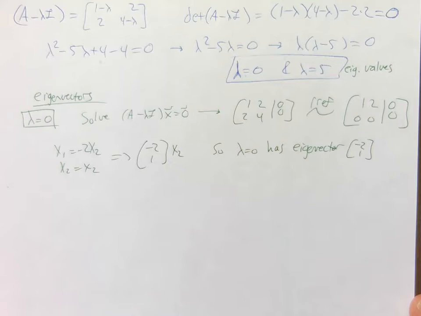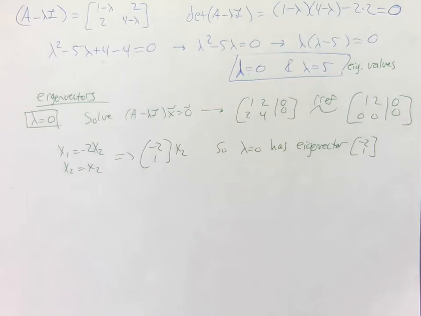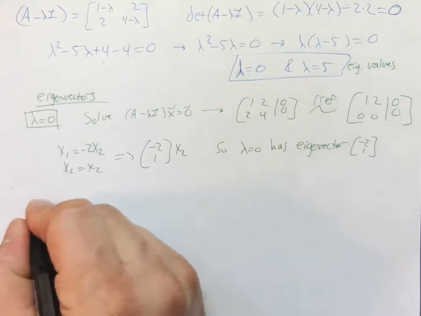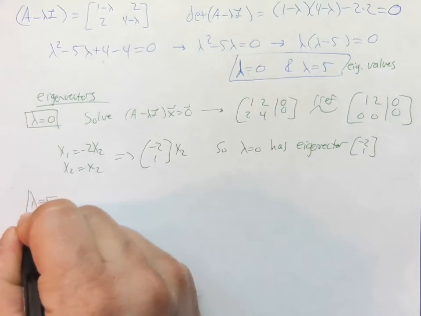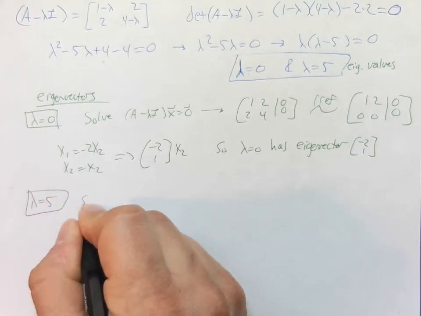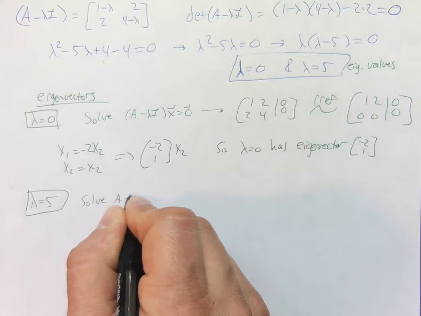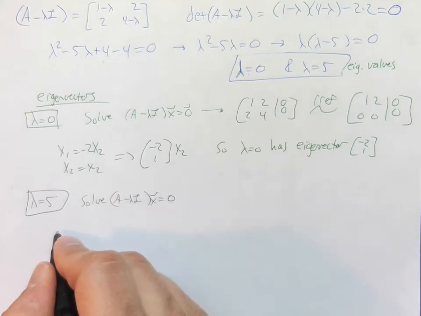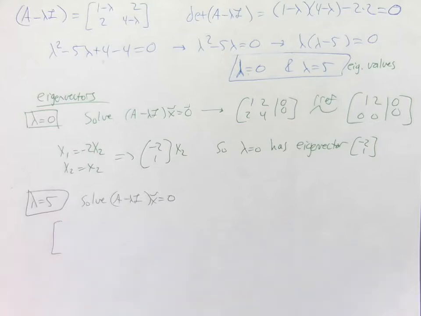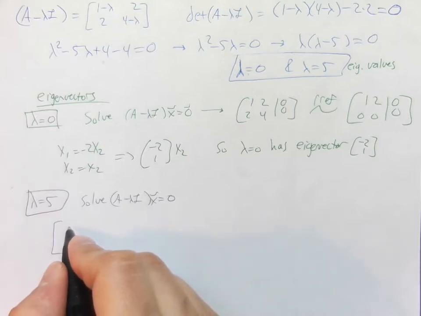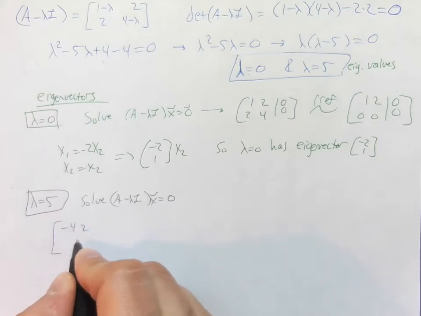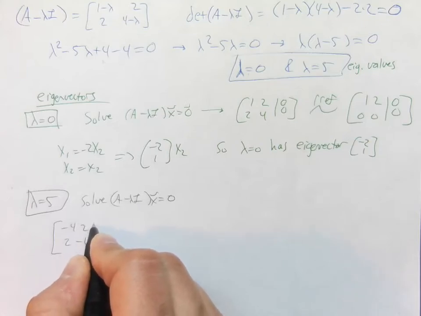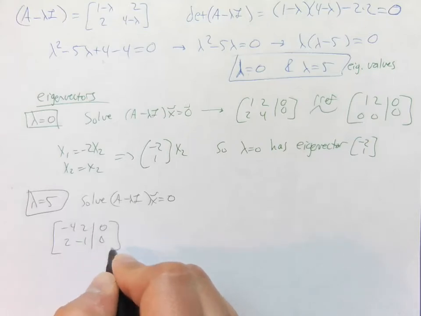Let's do lambda equals 5. And so again, we subtract 5 off the diagonals. When we want to solve A minus lambda I x equals 0, and so that looks like this. Minus 4 and minus 1, so I subtracted 5 off the diagonals, right? Looks like that.